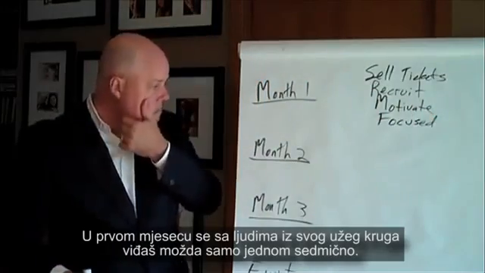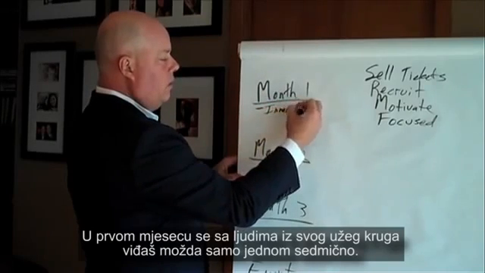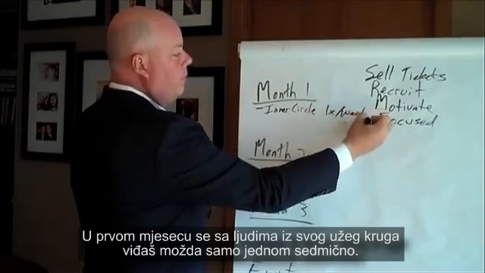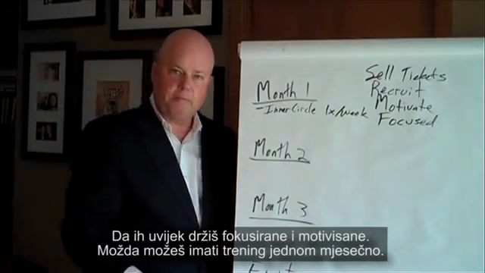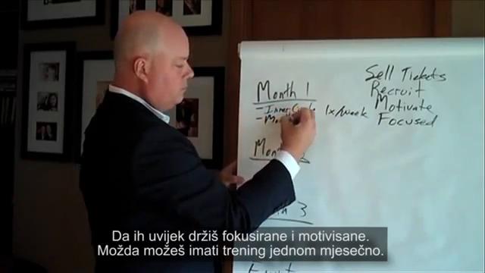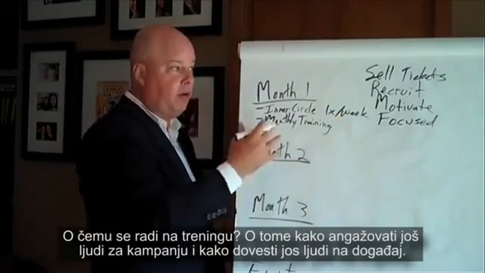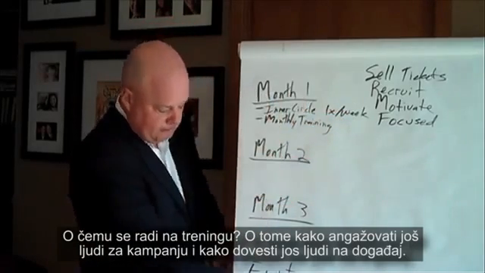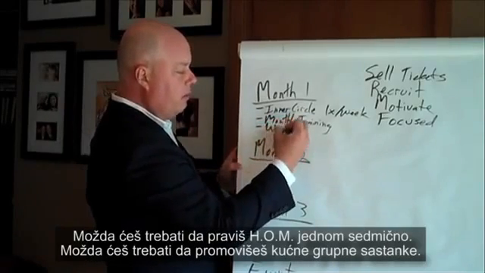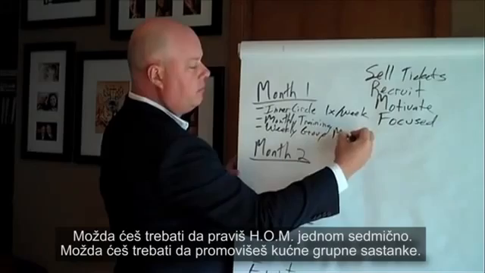So in month 1, maybe you get together with your inner circle one time a week and just keep them focused, keep them motivated. Maybe you have a monthly training. What's that training going to be about? Getting more people involved in the campaign, getting more people to the big event. Right? Maybe you need to do weekly group opportunity meetings.